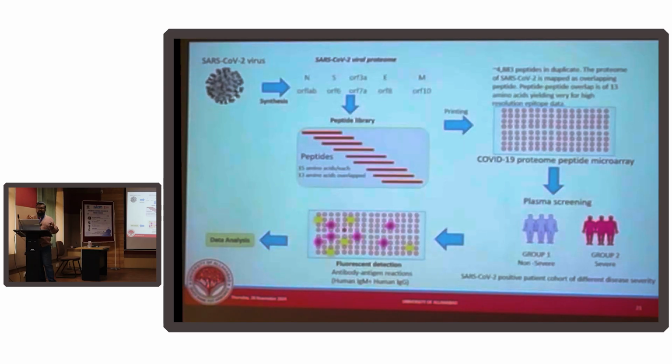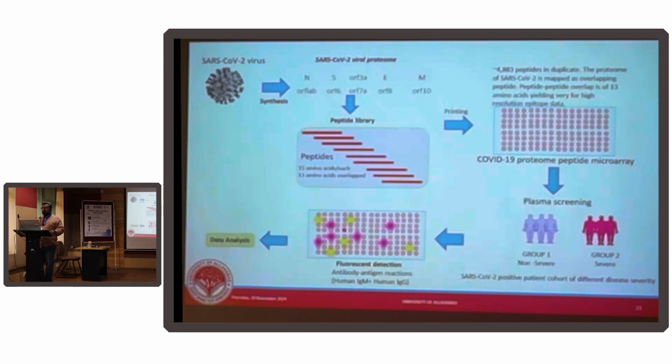I want you to visualize, if you do this overlap, you have a very high resolution of around 2 amino acids. With a 15 amino acid peptide and a 13 amino acid overlap, this grid is actually moving 2 places at a time.